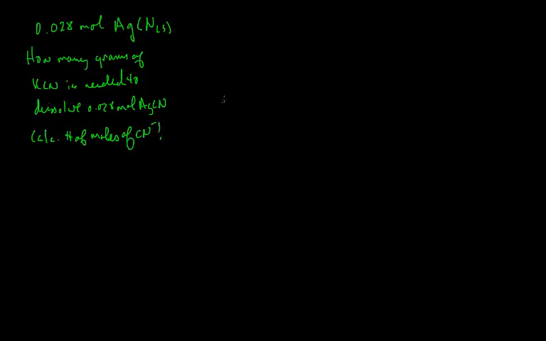Okay, so we have essentially two equilibria that we need to consider, and the first one is the solubility product of silver cyanide. So we know that solid silver cyanide can very weakly dissociate into silver plus cyanide ion.